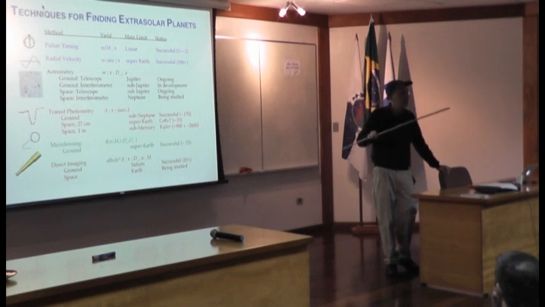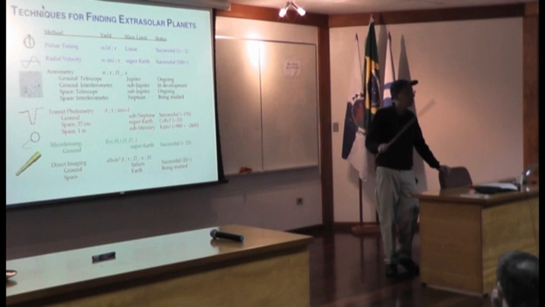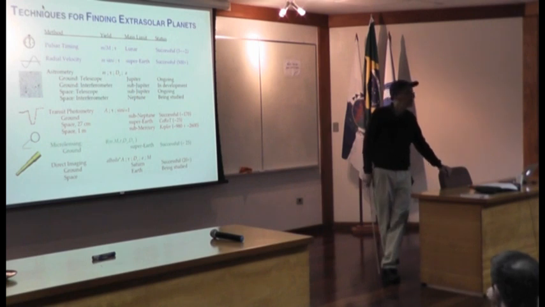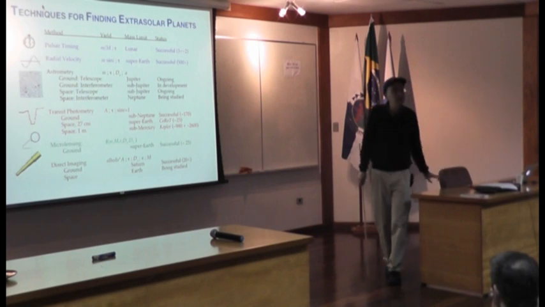And you can't tell whether the planet is in the same plane, in which case you're measuring the full velocity of the star, or is orbiting near edge on, in which case you're only measuring a very small component of the star's velocity. So you're getting a minimum mass.